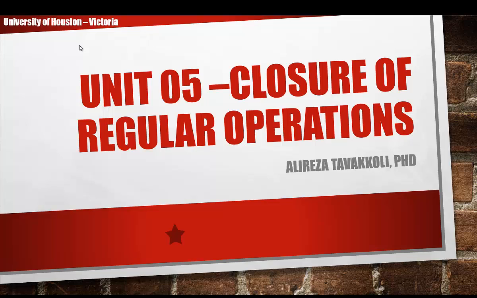You can skip this part 1 of Unit 5 and proceed to part 2, in which we will see an example of the closure of union and how you can actually build a deterministic finite automaton based on two smaller deterministic finite automata, such that the bigger finite automaton accepts, or recognizes, the union of the two languages.